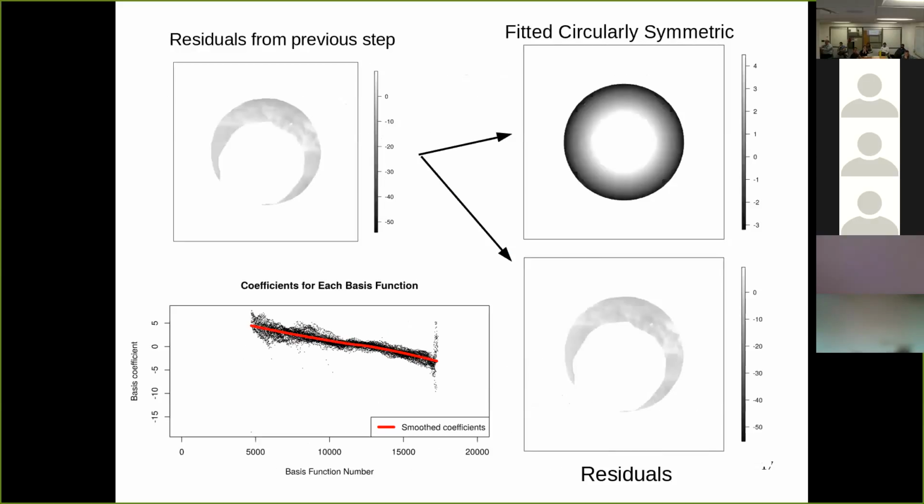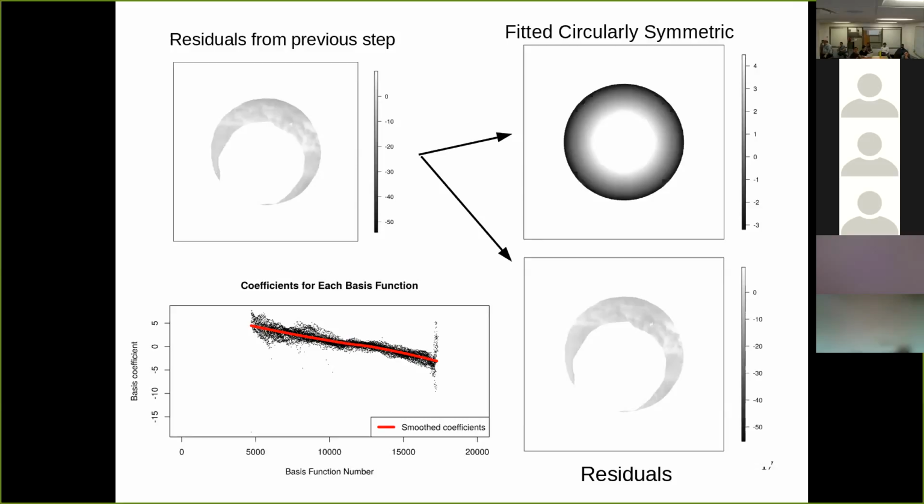To fit this model, we take the mean of the depth values for the pixels in each basis. So we get the coefficients on the bottom left here. Because there are so many coefficients and the variance is very high, we fit a smoother through these coefficients. That's the line in red.